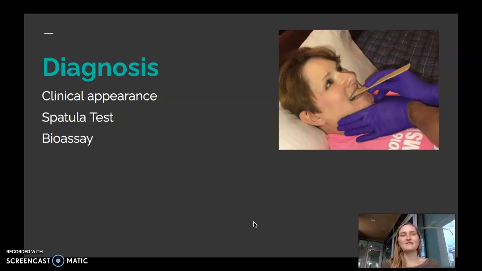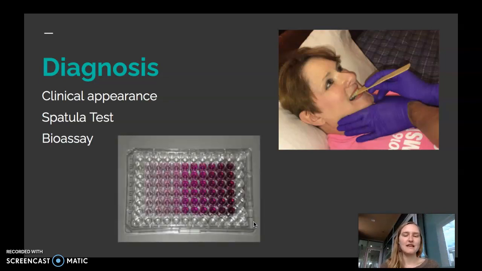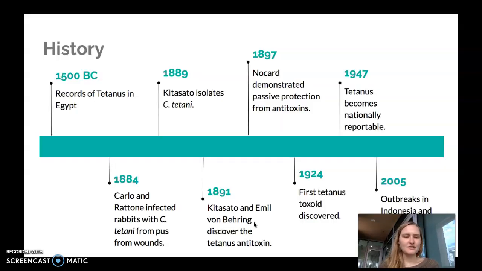Versus if someone does not have tetanus, they'll have a gag reflex. They are also able to take samples and do a bioassay to confirm that it is Clostridium tetani. And that's my references for pictures.